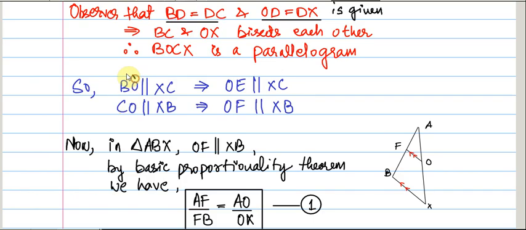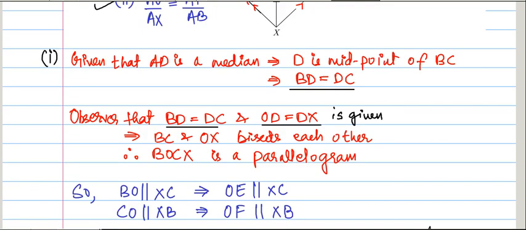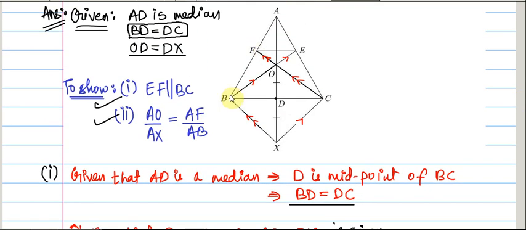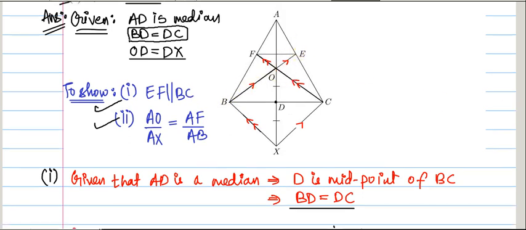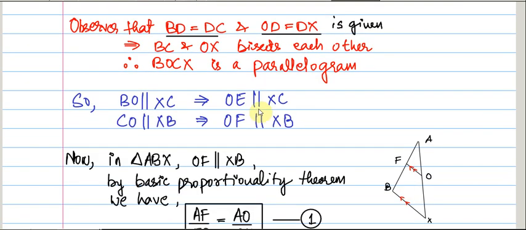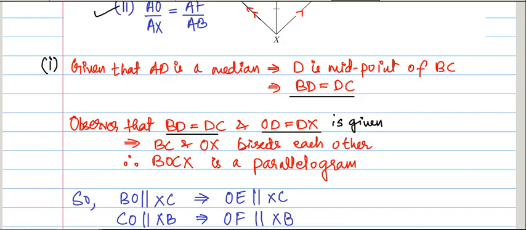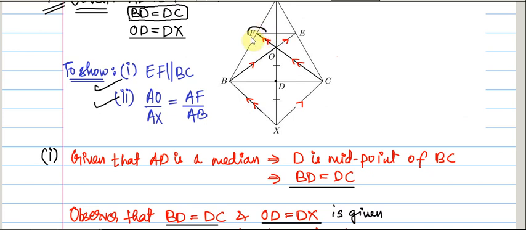Now the whole BO is parallel to XC, which means the small segment of BO, this is my BO, and this is the small segment I am talking about, OE is parallel to XC. Similarly, OF is parallel to XB. You can see that in the diagram.